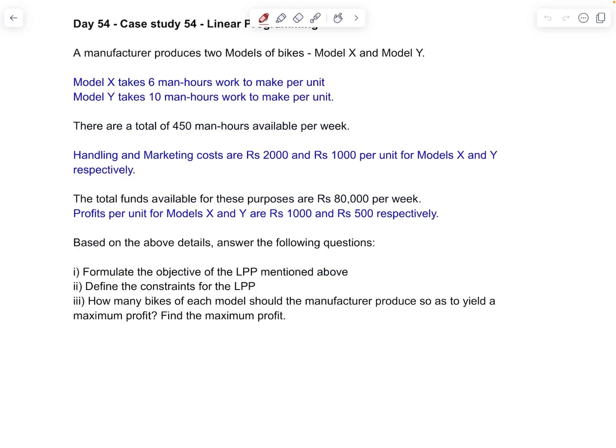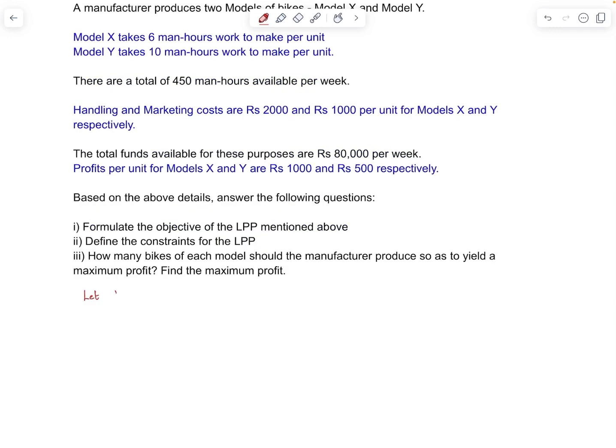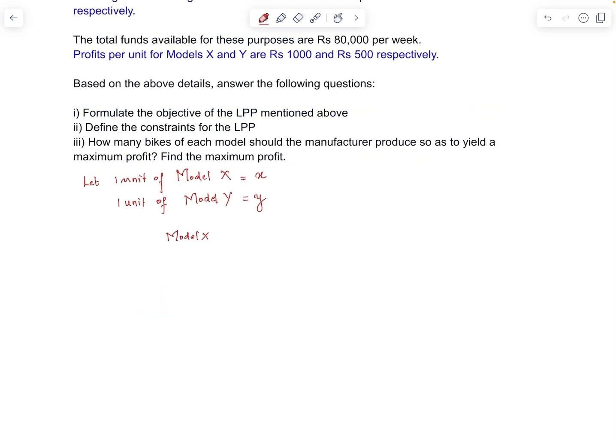Let's write all this information in the form of a table. 1 unit of Model X will be represented as letter X, and 1 unit of Model Y will be represented as Y. If this X and Y notation is confusing, take P and Q. The columns are Model X and Model Y. And the parameters are hours, handling and marketing costs, then profit for each model per unit.